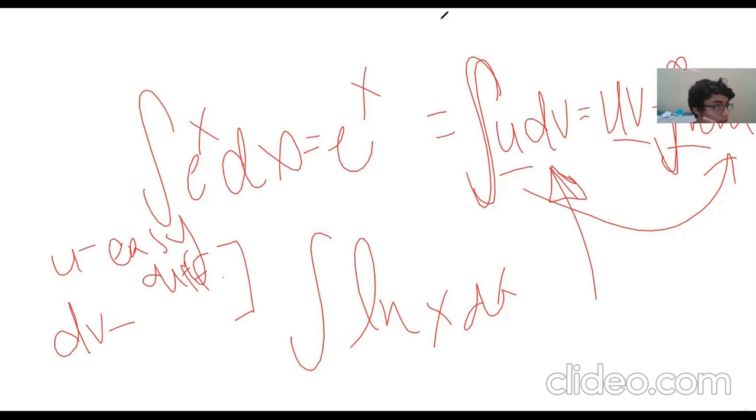So maybe the u in this problem is super easy to differentiate and integrate, but the dv is hard to integrate. Sorry, let's not use a letter, because you will always have to integrate the dv's.